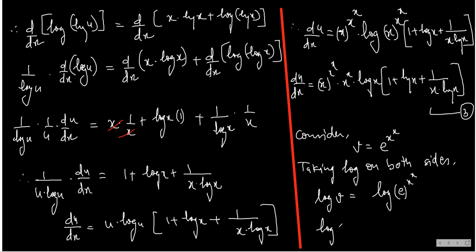So log of v equals to x raised to x log e. And what I know is that log e value is 1 because the base is also e. So next step I get therefore log v equals to x raised to x only.